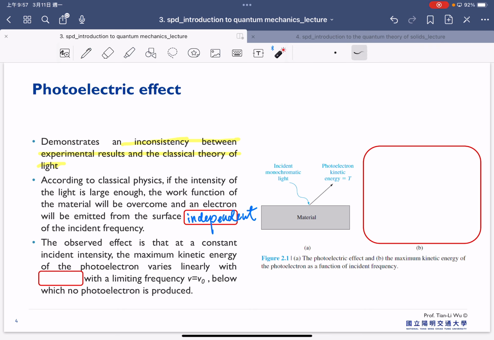But actually, the observed effect is that at a constant incident intensity, the maximum kinetic energy of the photoelectron varies linearly with frequency.